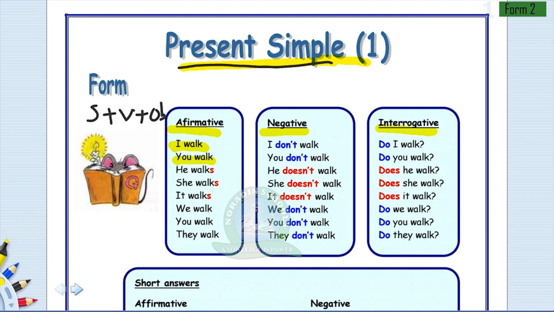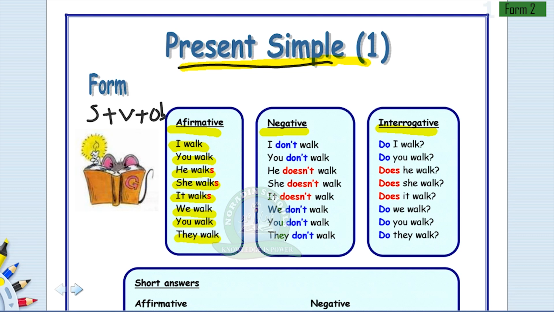It is a third person pronoun, so we add es or s. We will see when we need to add es and when we add s. In here, we just need to add s. He walks. She walks. It walks. We walk. You walk. And they walk.